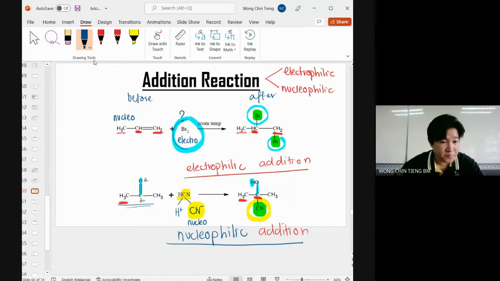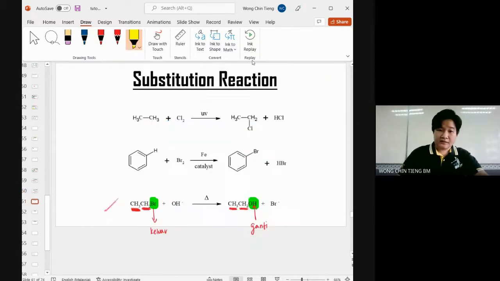Okay. So, how do we identify the type of reaction? Addition ada dua jenis, saya dah ajar. Substitution ada tiga. Ada electrophilic aromatic substitution. Ada free radical substitution.